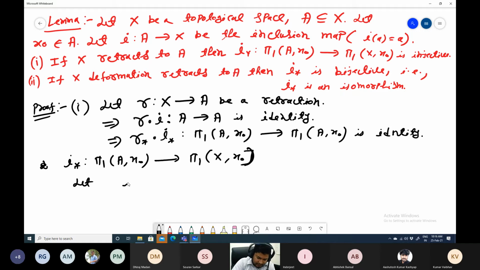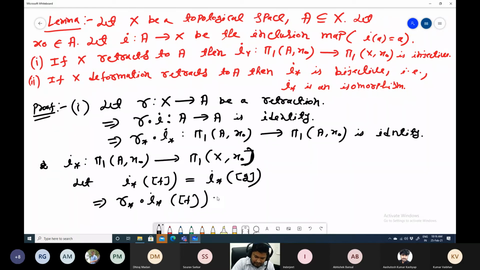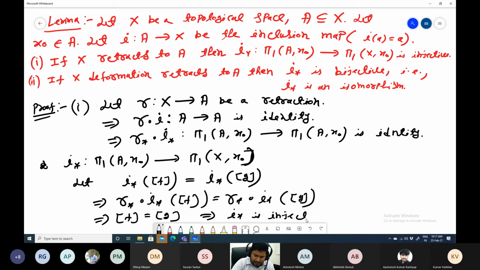Now let I star f equal I star g for some f, g in pi 1 of A. Since both are equal, we can apply R star also. Now that implies, since this is the identity, that f equals g. So I star is injective. So we are done.